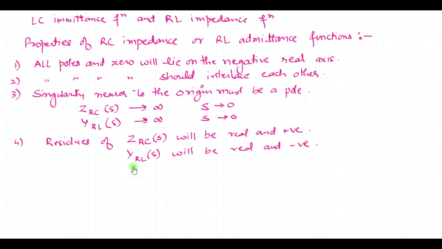It means this: if I calculate the residues of YRL of s by s, the residues will be real and positive. This is the reverse case as we discussed in the RL impedance function. In RL impedance function, let me write it.